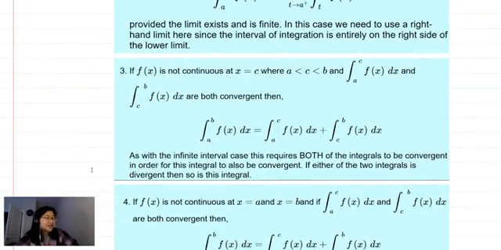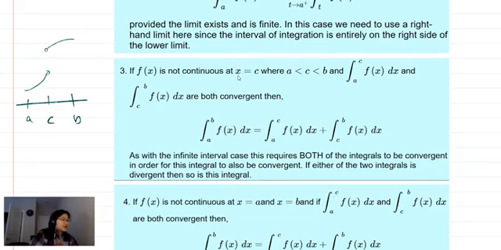If we have something that's not continuous somewhere in between, so like this, you got A and you got B and then you got C in the middle, so you got like a hiccup or something, you can figure out your definite integral with two separate one-sided limits, so you're still okay.